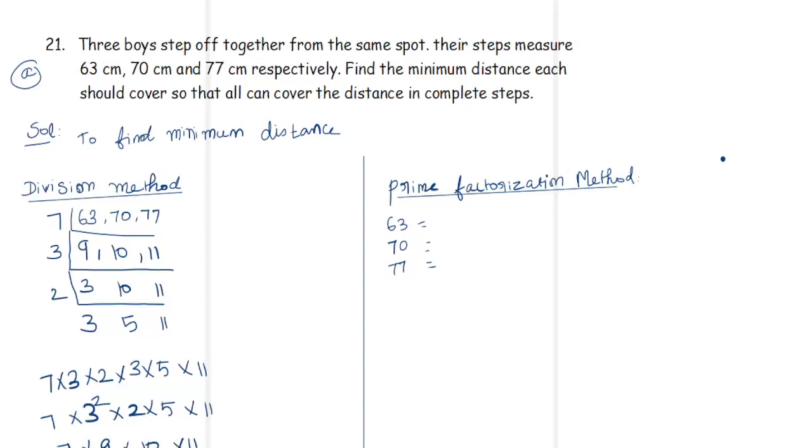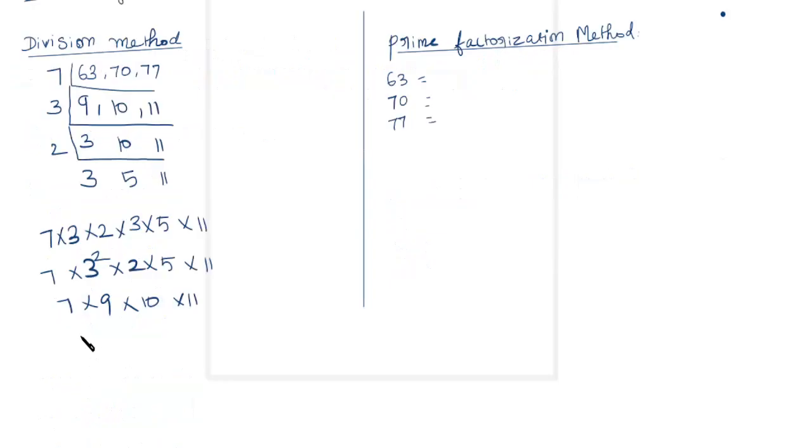After multiplying these things: 7 into 9 is 63, into 10, into 11. So 63 into 11: 3, 6, 3, 6, so 3, 9, 6, so 693 into 10.